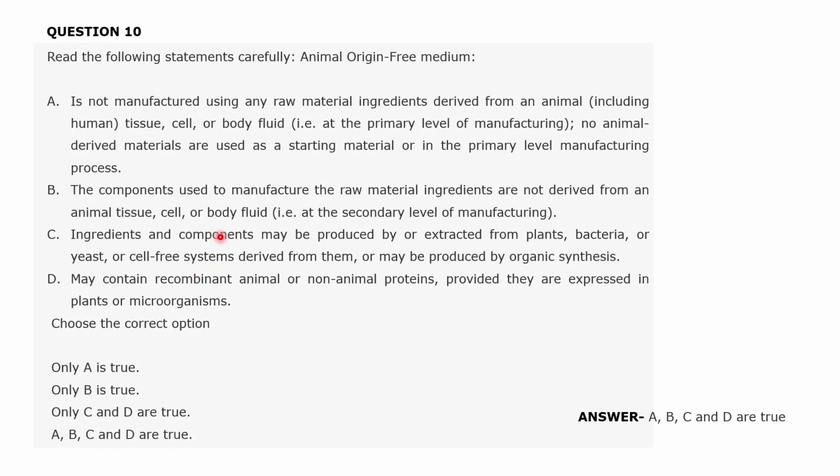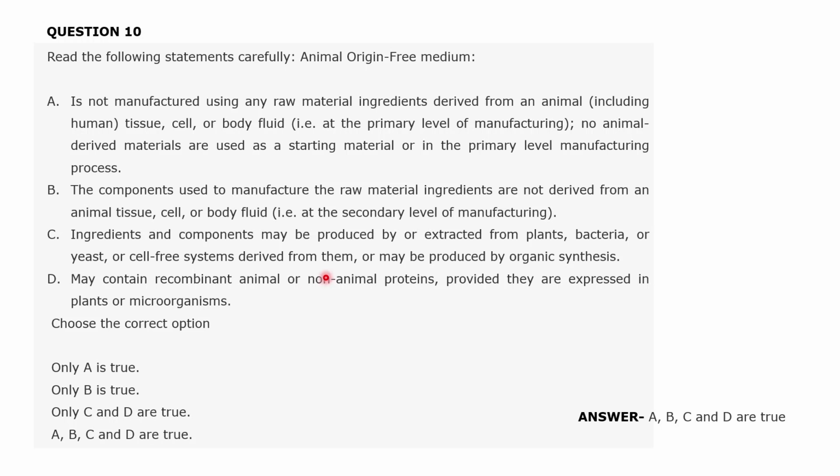It may contain recombinant animal or non-animal proteins, provided they are expressed in plant or microorganism. Animal sources obtained directly from animals are not there, but something indirectly related to an animal source can be used, like recombinant proteins.